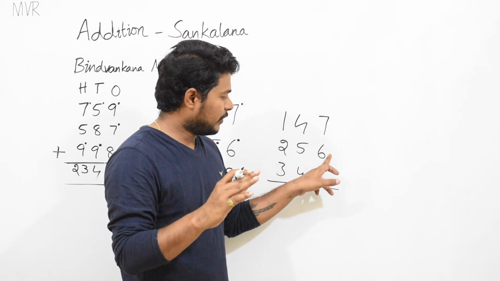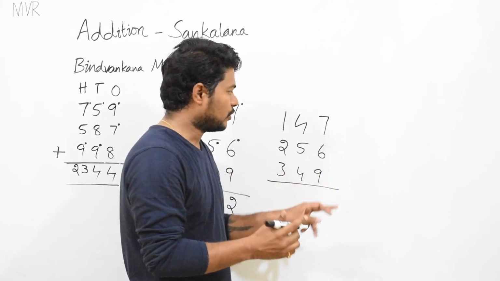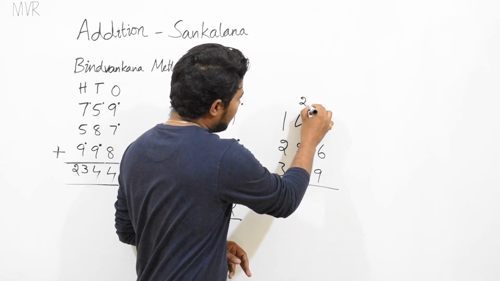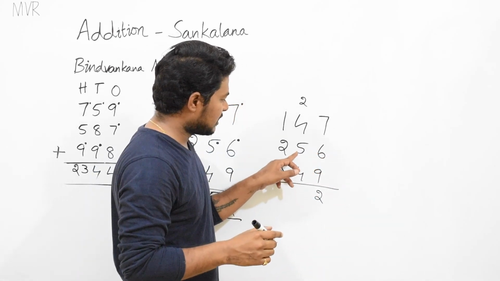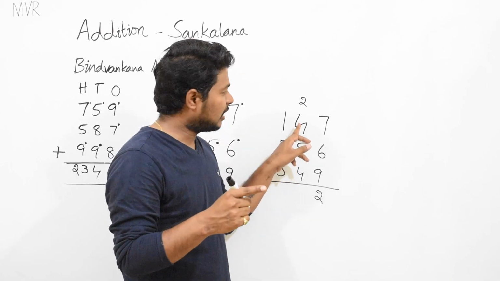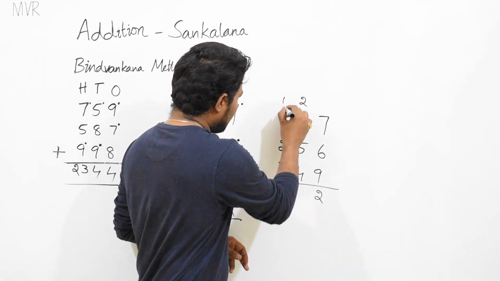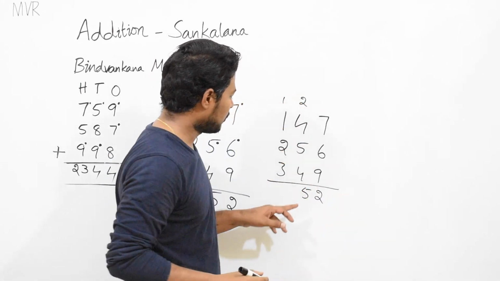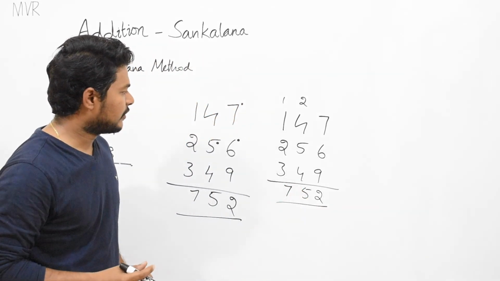Here we need to remember the units place and tens place. So 2 we write here. Now 4 plus 9, 4 plus 5 is 9, 9 plus 4 is 13, 13 plus 2 is 15. So 1, 5. Now 3 plus 2, see, 752.